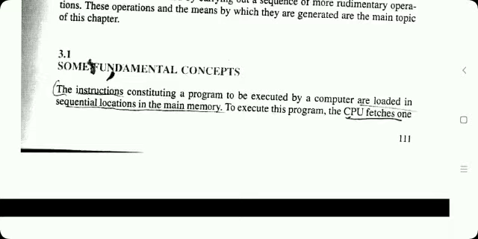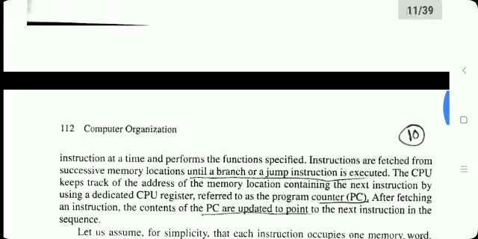To execute this program, the CPU fetches one instruction at a time and performs the function specified by the instruction, whether that instruction is addition, subtraction or multiplication. According to the instruction, the task is performed, and the next instruction is fetched by the CPU.